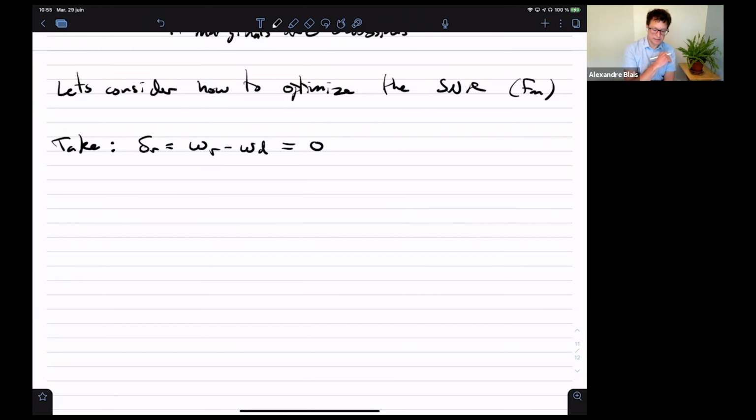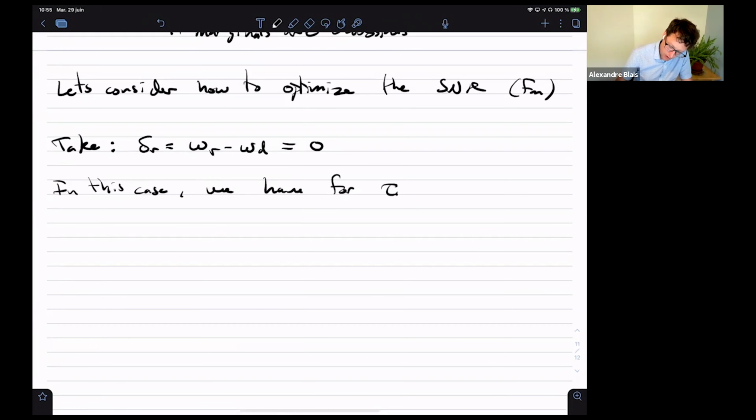If you think about this, this is the situation that I've assumed. In this case, it is easy to find an expression for an infinitely long measurement time. This is not exactly what we want, right?